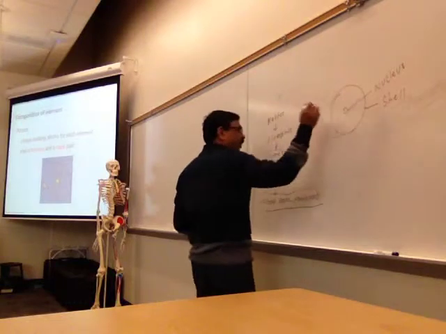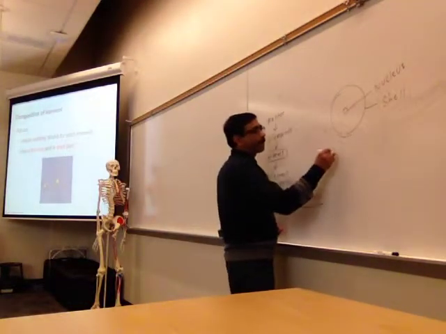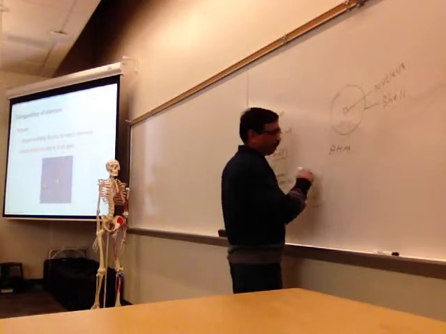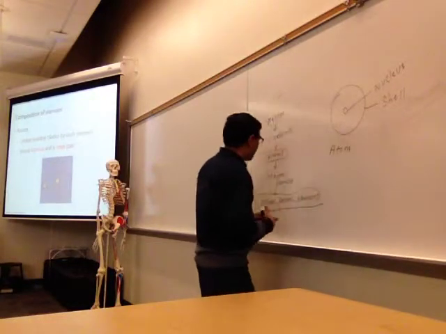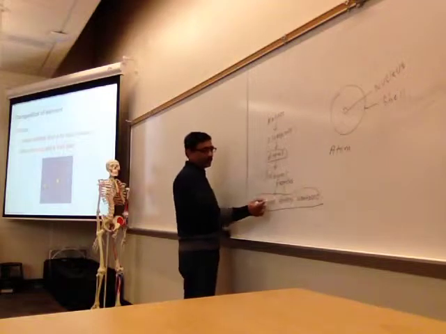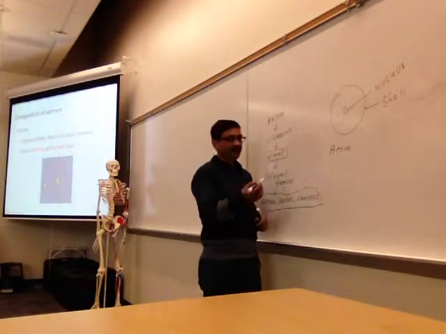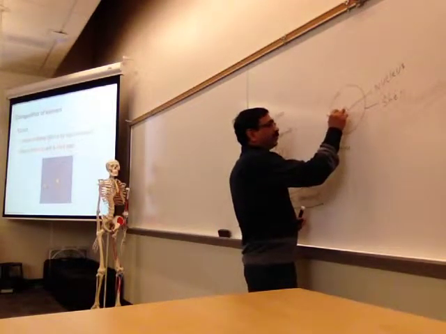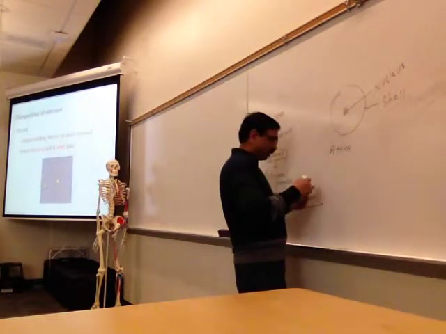Atomic nucleus, atomic shell. Now, where are the subatomic particles, electrons, protons, and neutrons, located? The protons and neutrons are located in the nucleus.